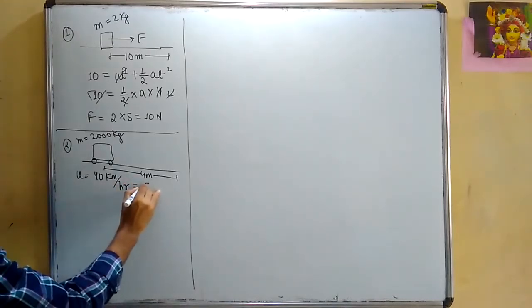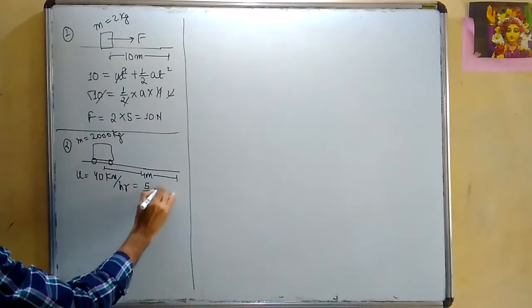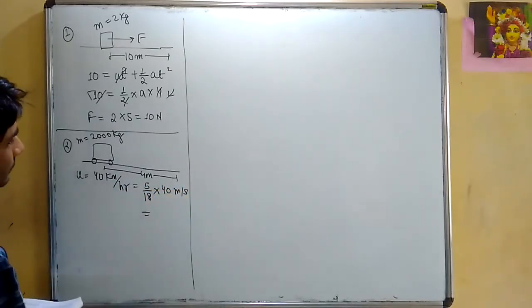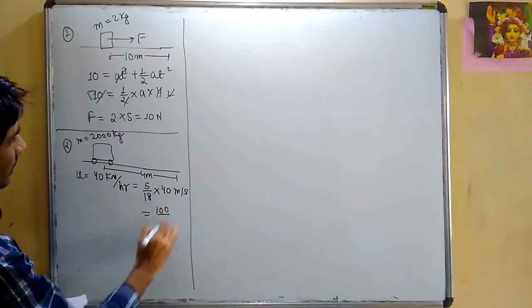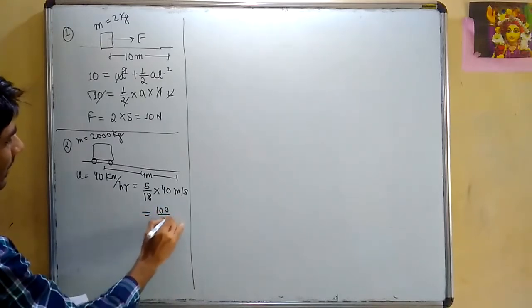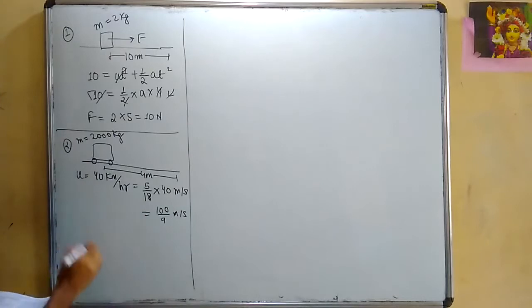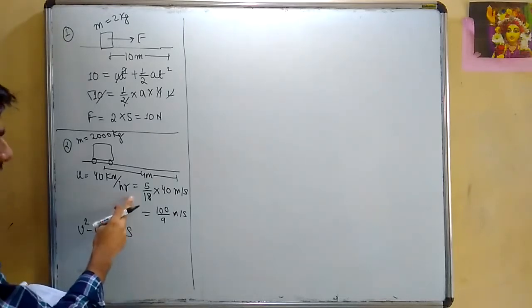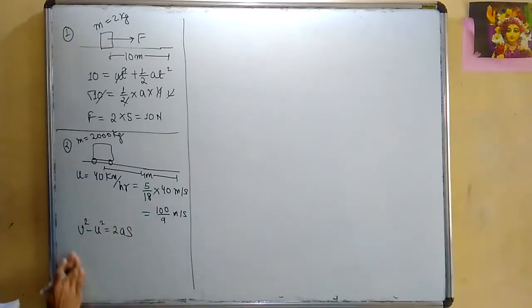Yes. This will be, initial speed is 5 by 18 into 40 meter per second, that is 100 by 9 meter per second. If I need to find out the acceleration, I will use v square minus u square equals 2as. Certainly this problem can also be solved using work energy theorem, but we are not going into that particular chapter right now.